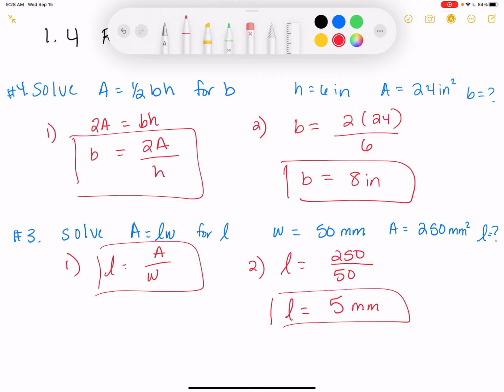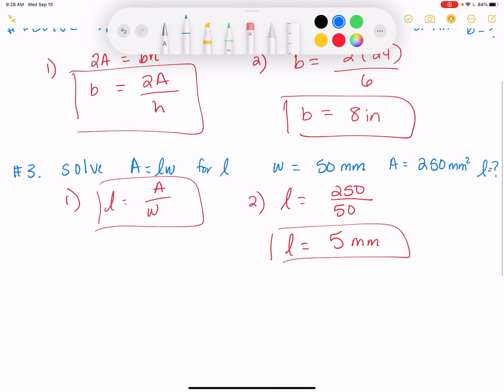Then the next set of stuff says to solve the equation for y, then find the value of y for the given value of x. So number 10, 15x plus 4y is equal to 9 when x is equal to -3.